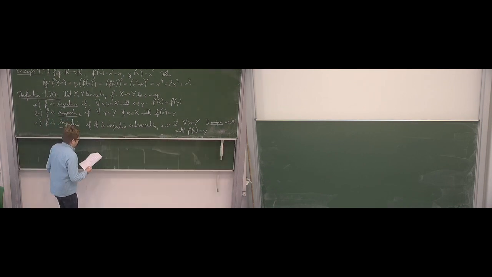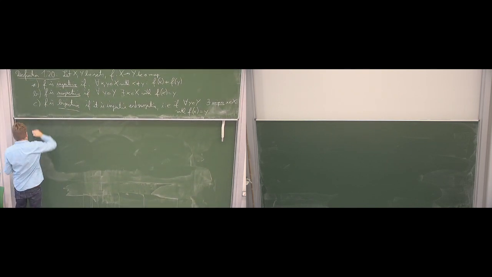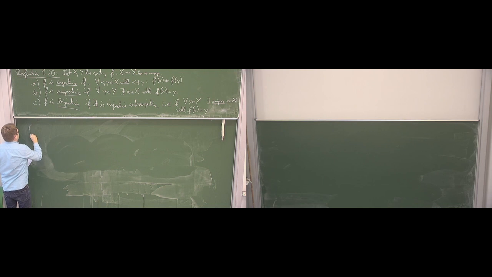Just draw a simple diagram and then give an example. So if we have some X and Y, and we have a map, which I denote as an arrow, called f.